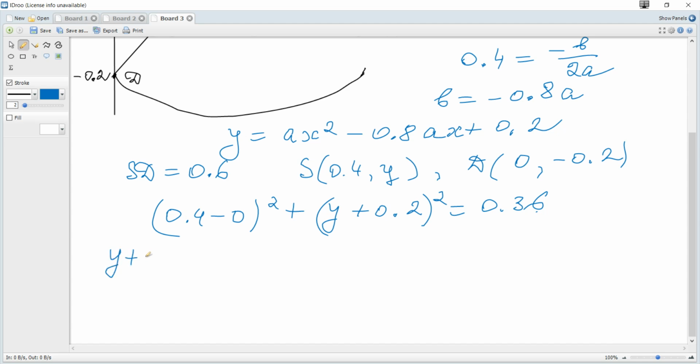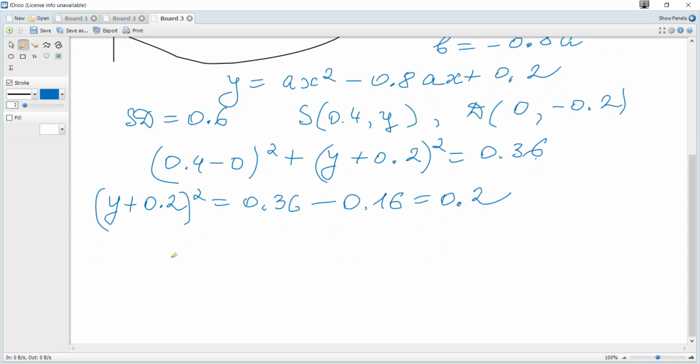Then y plus 0.2 squared is 0.36 minus 0.16, which is 0.2. And something squared is 0.2. What does it mean? It means that y plus 0.2 is square root of 0.2, or y plus 0.2 is negative root.